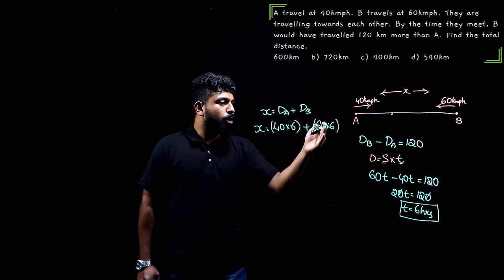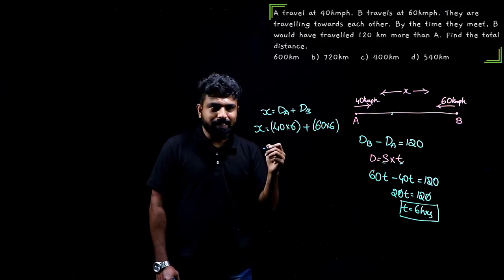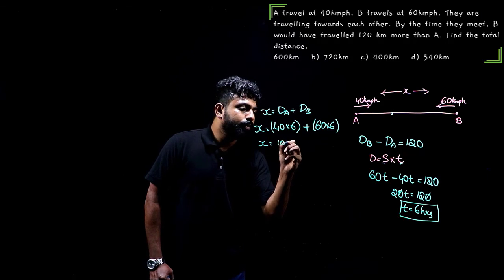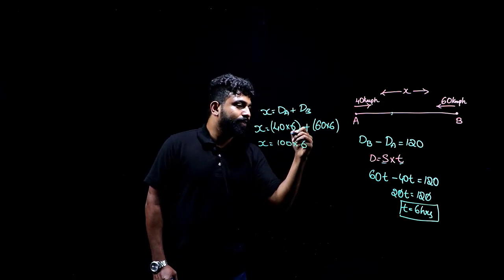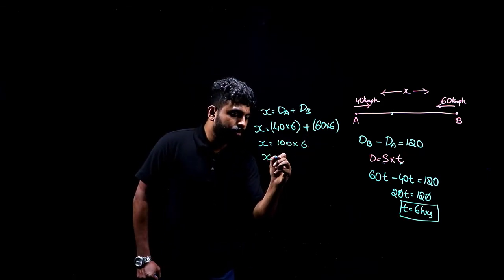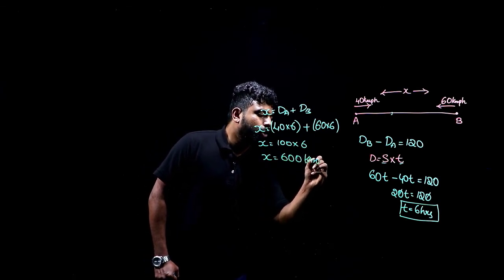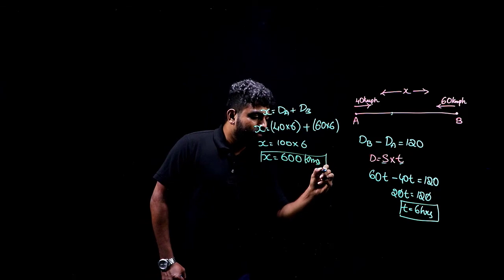If you take 6 common, we will be left with 40 and 60. So 40 plus 60 gives me 100. X will be equal to 100 into 6, which we have taken common. So X, which is the total distance, will be equal to 600 kilometers, which will be my final answer.